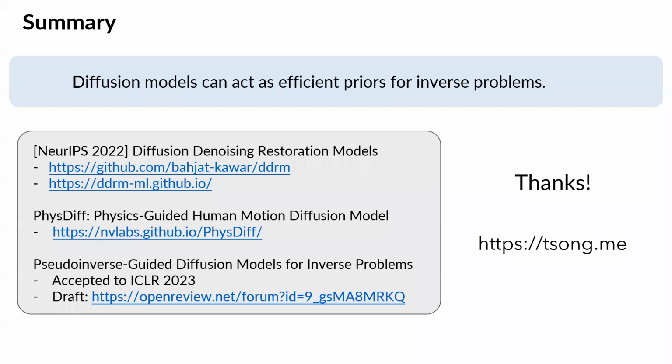Thank you for this very nice presentation. My question is about the generalizability of these diffusion models and inverse problem solving to non-Euclidean spaces such as graphs. For example, if you transform your image and represent it as a graph, or if your input data is graph data, how generalizable are these models to graphs?